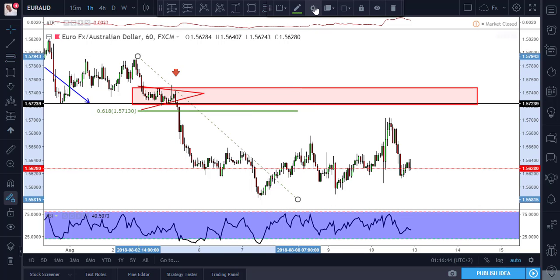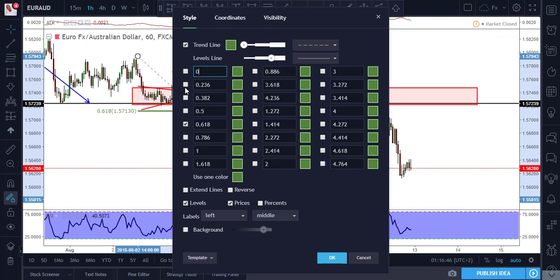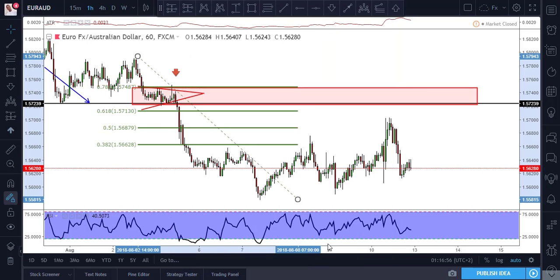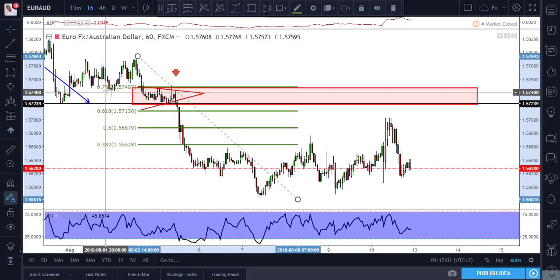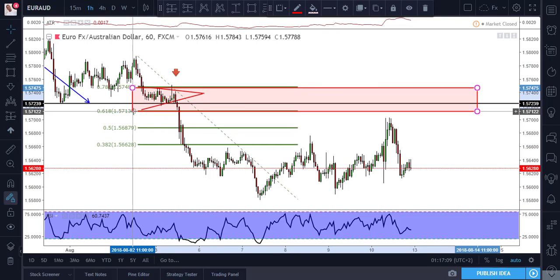And if I bring in all my Fibonacci retracements, 32, 50%, 786, 886, see where we have good Fibonacci retracement levels. I have my 786 right at our consolidation pattern right there, and our 618 right there.